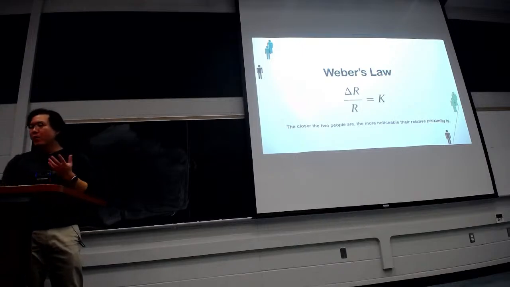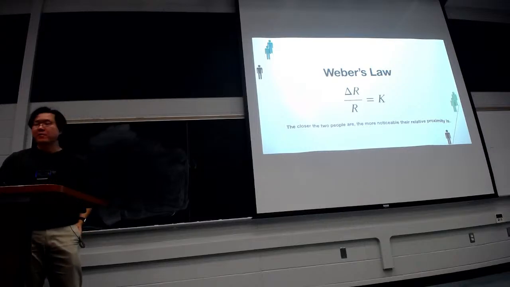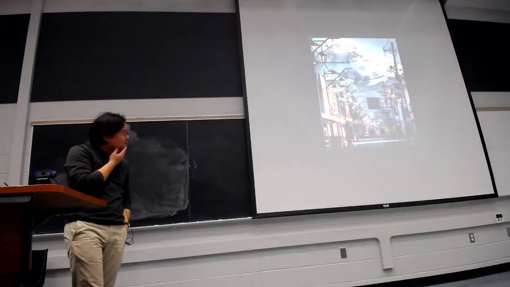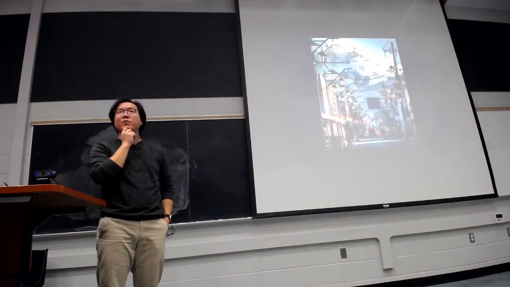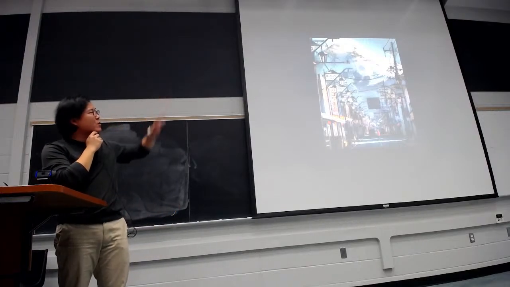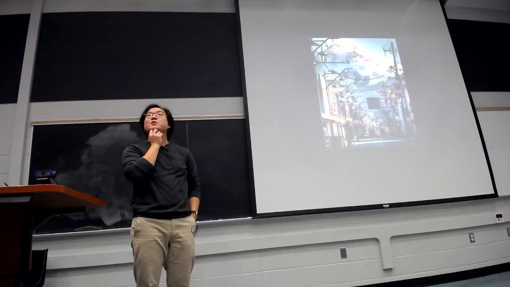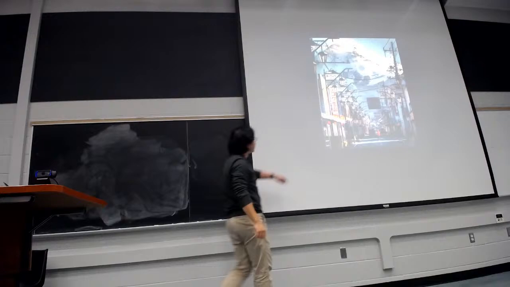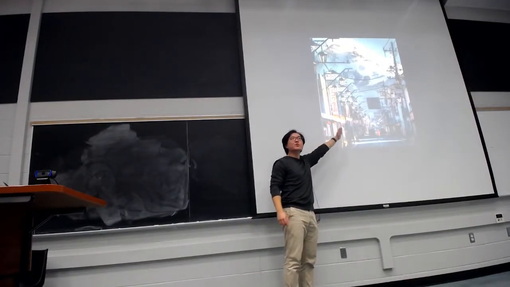Another, more straightforward way to explain this hypothesis is using perspective. I hope you can see this is a very busy photo. Please ignore the Fuji mountain in the background. What I want you to pay attention to are the electric poles lying along the street.